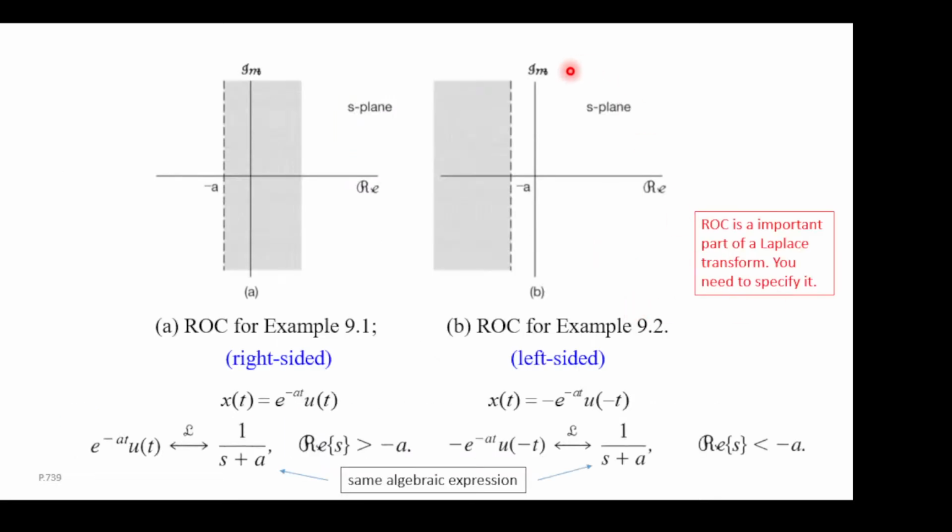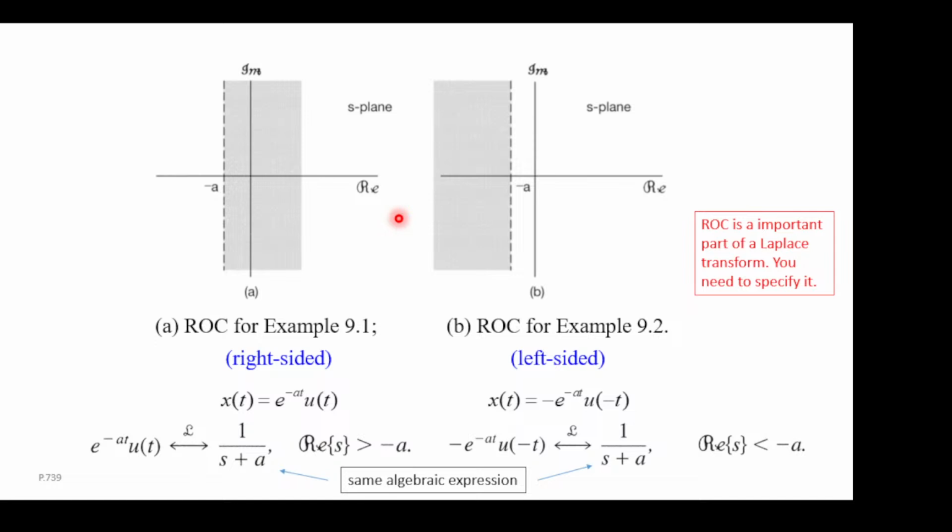And we see that it has those nice pictures. So both of those things are 1 over s plus a, so they have this pole or singularity at s equal to minus a. And one of them has a right-sided ROC, and the other has a left-sided ROC. Okay. And ROC is a very important concept, which we will go over today, about properties of ROC.